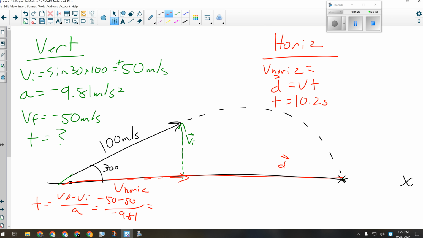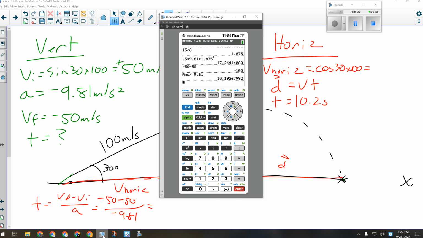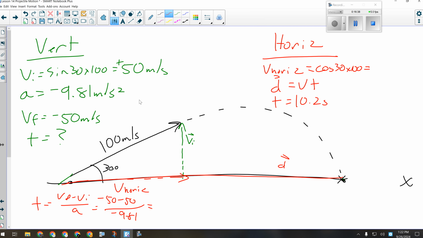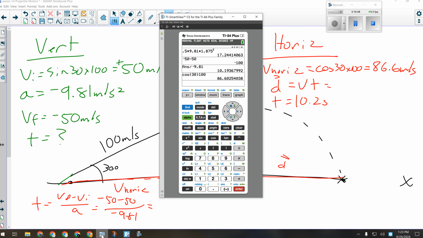Cos of 30 times 100 is like 86 point something, so 86.6 meters per second. Then we do 86.6 times the 10.2 seconds with all the decimals. This thing is going to travel 8.8 times 10 to the 2 meters.